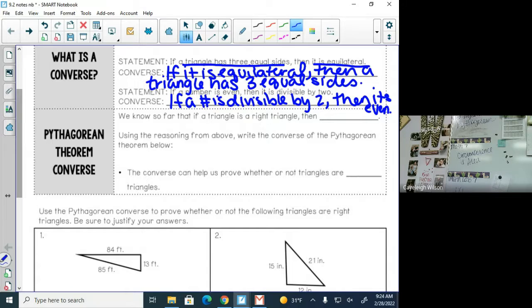All right, so once again, we know that if a triangle is a right triangle, then a squared plus b squared equals c squared.